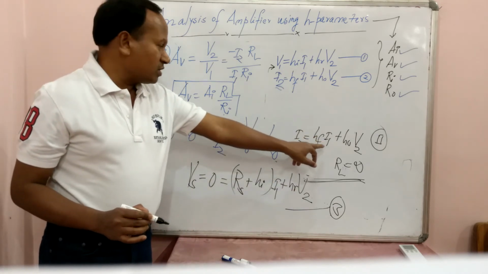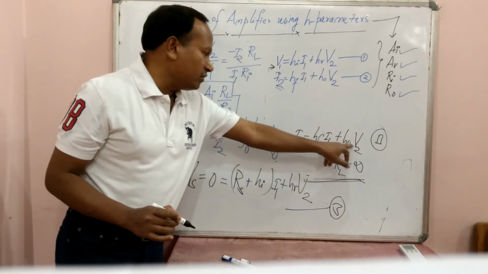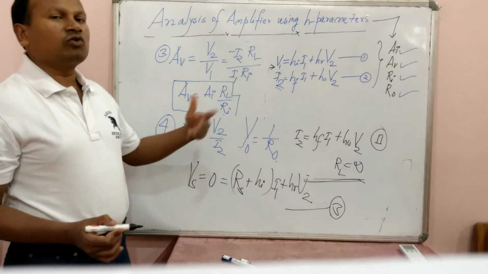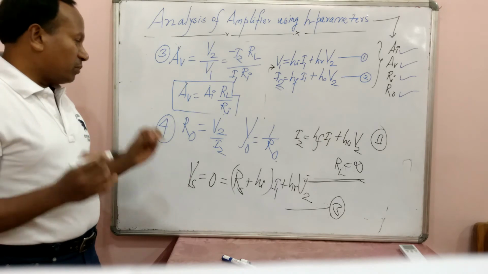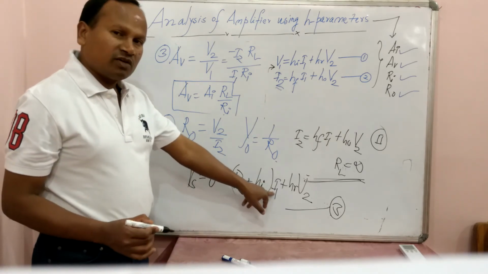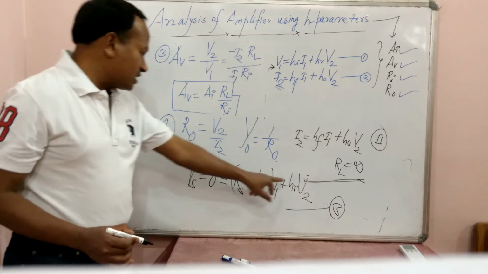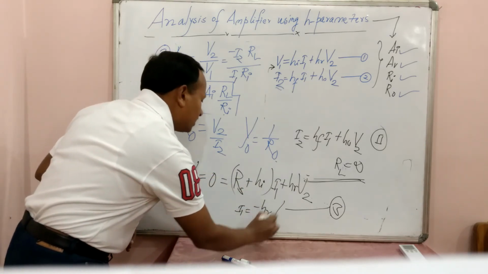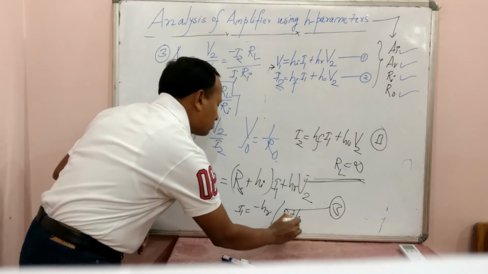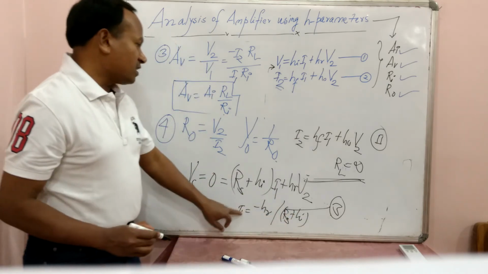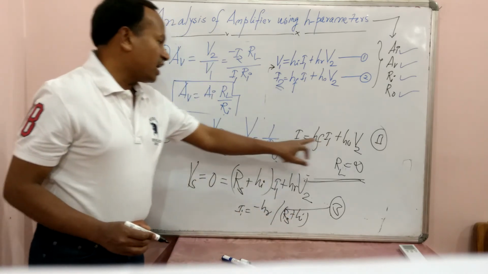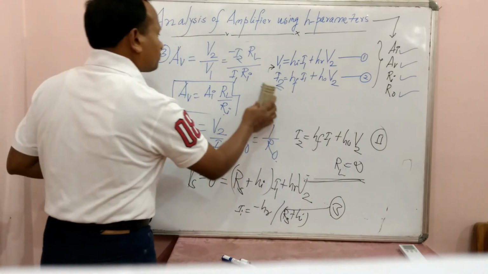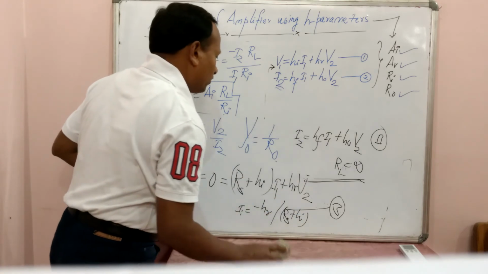You can see now this is the expression in terms of I1 and V2. See this equation, this is in terms of I2, I1 and V2. What we are interested in is V2 upon I2 or I2 upon V2. We can simply substitute the value of I1. What is I1 here? Minus HR divided by Rs plus Hi. If I substitute this value, I can get I2 divided by V2 very easily. And what will be the value?